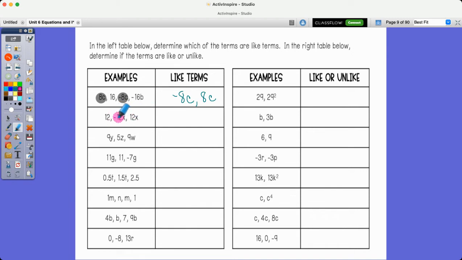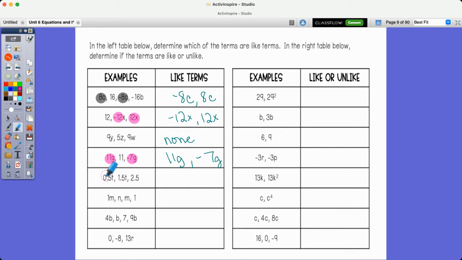Looking in this, I have negative 12x and positive 12x. 9y, 5z, 9w, none. 11g and negative 7g. So I have 11g and negative 7g.